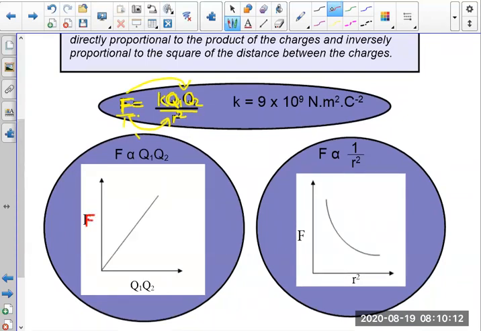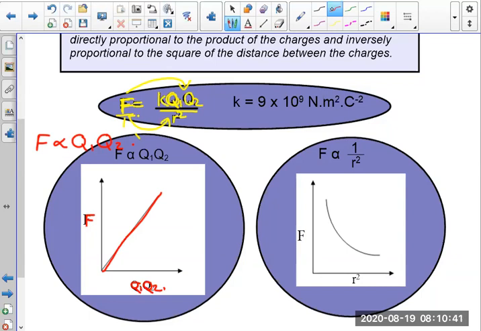This is the force, and this is the product of the two charges. Directly proportional means it's a straight line that goes through the origin, as you can see there. So force is directly proportional to the product of the two charges. That's why we have a straight line through the origin.